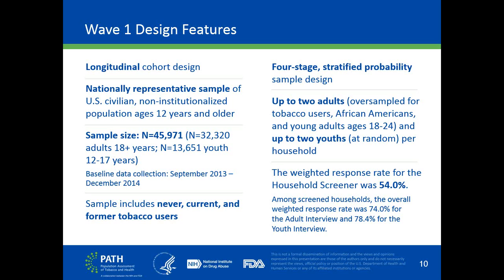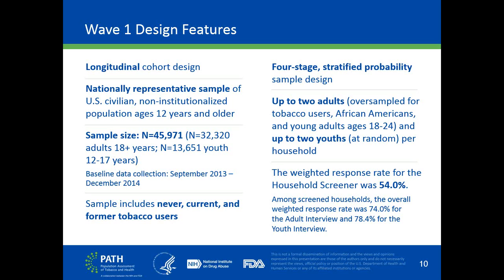There's oversampling, a significant oversample for young adults and for tobacco users. There's a slight oversample of African Americans as a proxy for menthol tobacco use. And then within those same households, up to 2 youth ages 12 to 17 are also eligible to be invited to participate in the PATH study.